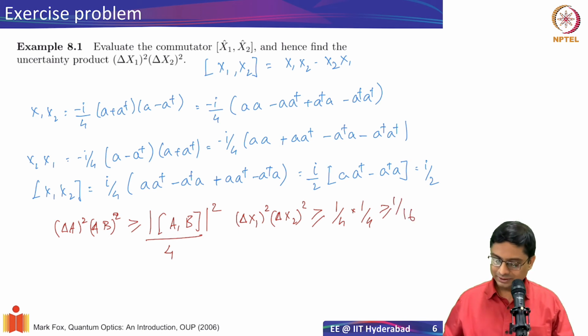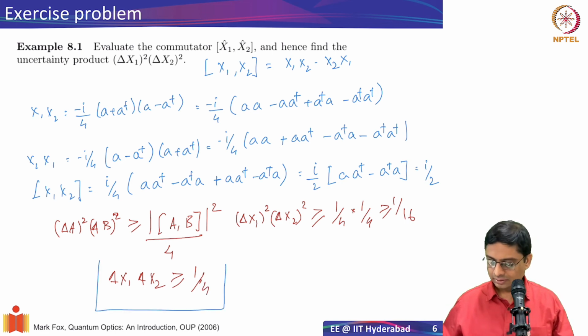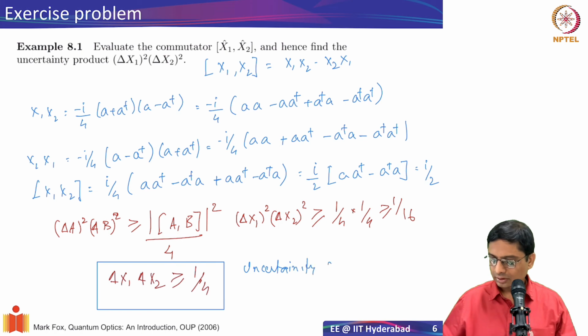So I can say that delta x1 delta x2 should be greater than or equal to 1 by 4. This is my uncertainty relation for x1 and x2 quadratures.